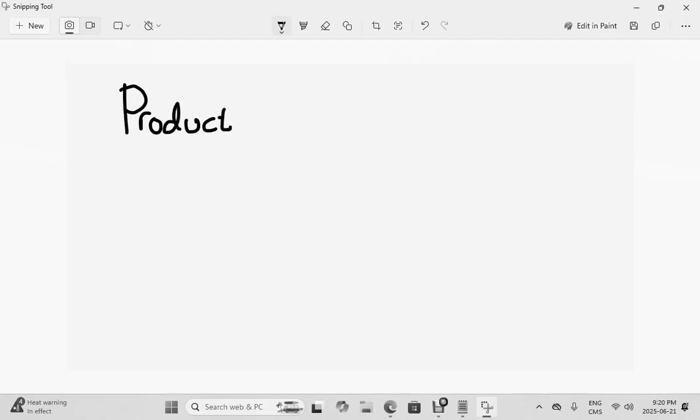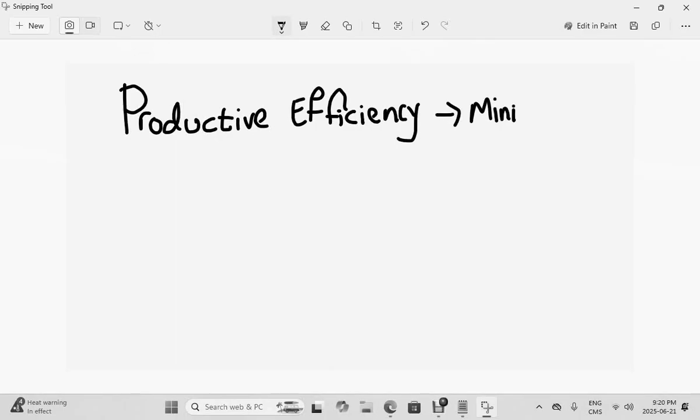Productive efficiency has to do with minimizing waste.